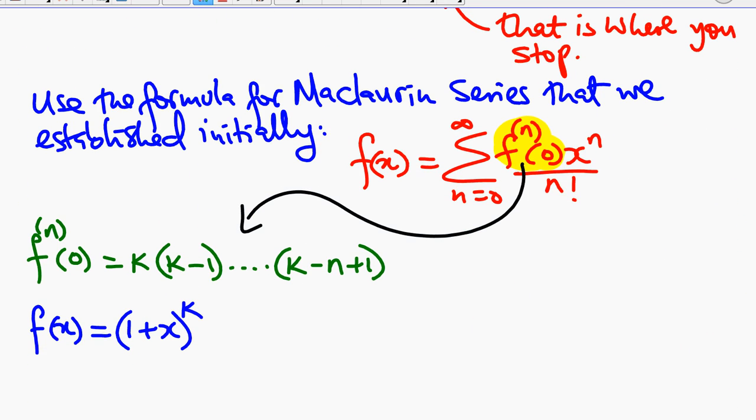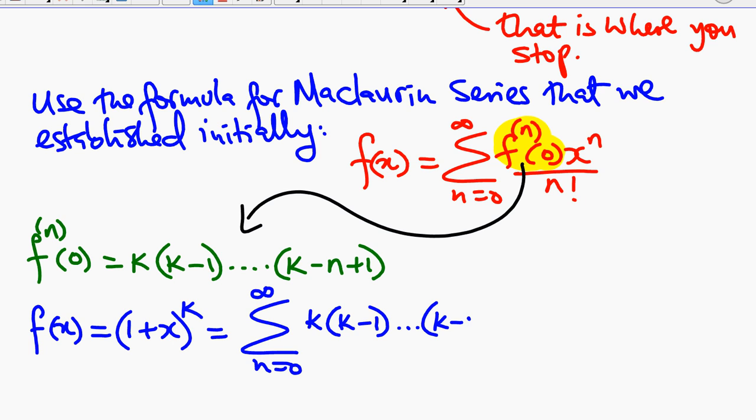So that will be equal to the sum from n equals 0 to infinity of, in place of the nth derivative of this function at x equals 0, I'll just plug in this guy, which is k into k minus 1, plus whatever comes next, up to where I'm going to stop, which is k minus n plus 1, over n factorial, x to the power n.